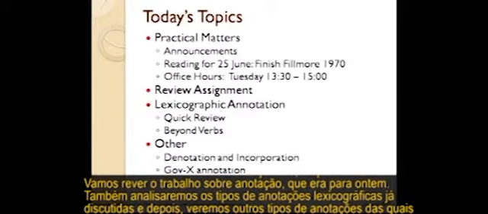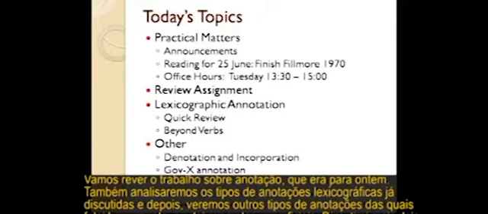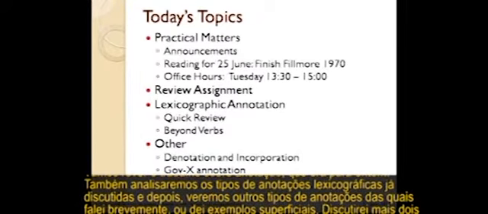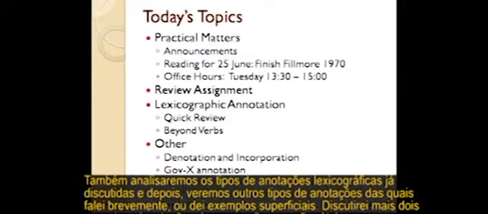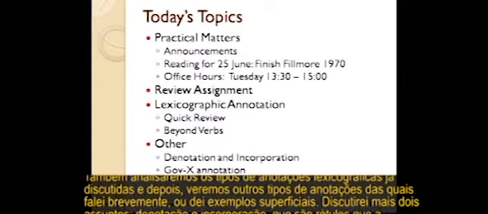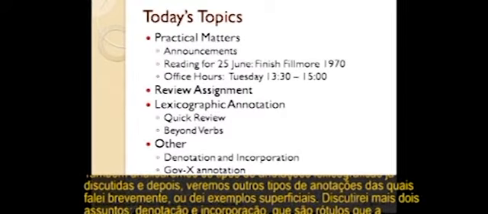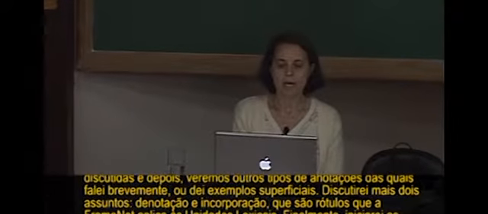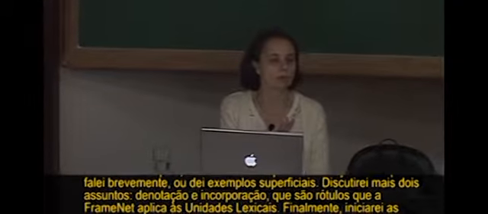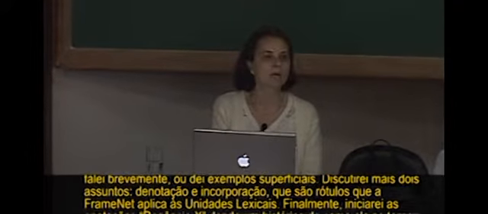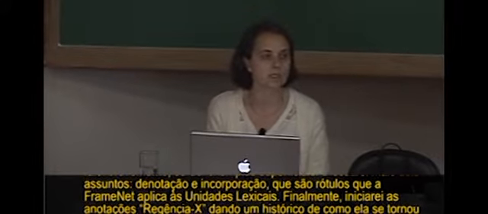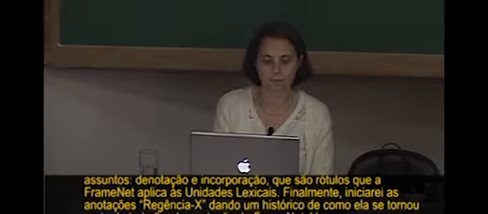And I'm going to talk about two other topics, denotation and incorporation, which are labels that FrameNet applies to lexical units. And then I'm going to introduce GovX annotation and give you a little bit of historical background about how GovX annotation came to be part of FrameNet's annotation work.